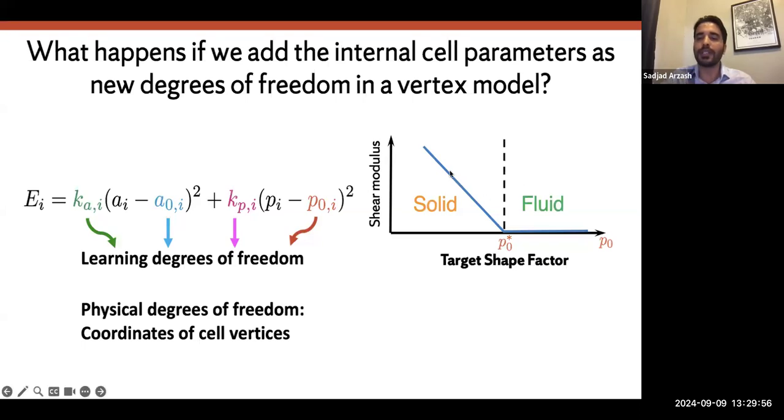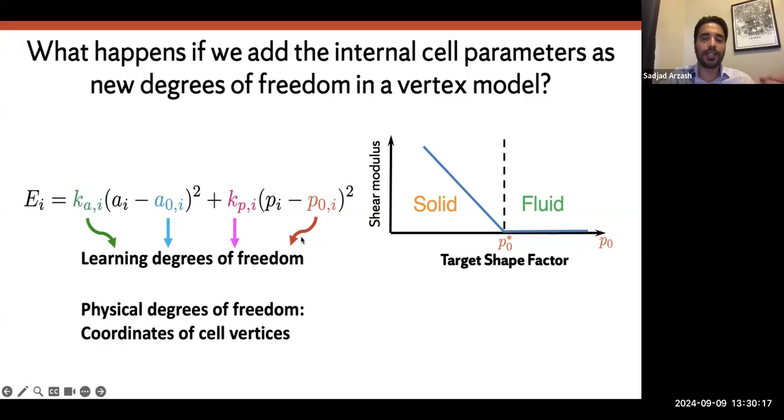If I start from a solid-like state at the same distribution of shape factors, and then use these new degrees of freedom to let them tune and change spatially, can I actually fluidize the system and go to a zero shear modulus state?